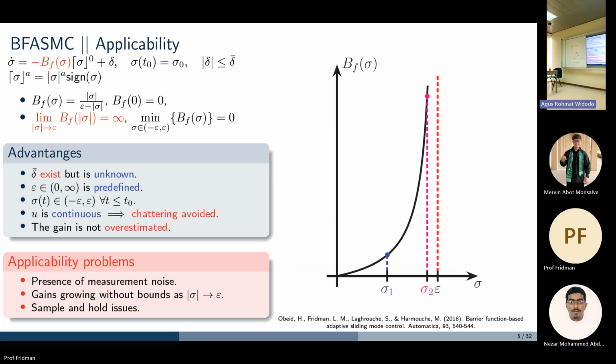So let's speak about the following. What is sliding mode? This means that you have sliding modes, and you have beauty and all of the problems. Now, what are people doing to adapt?